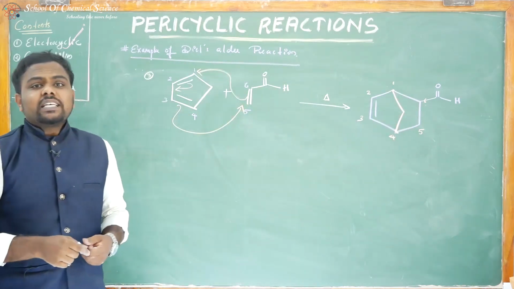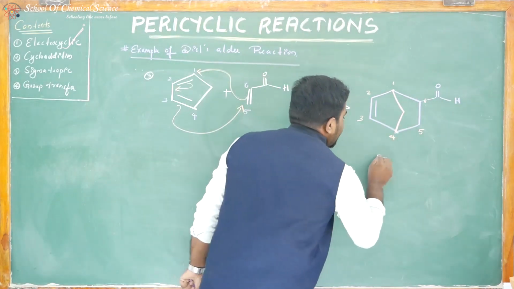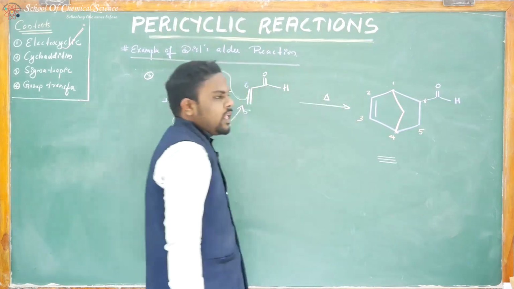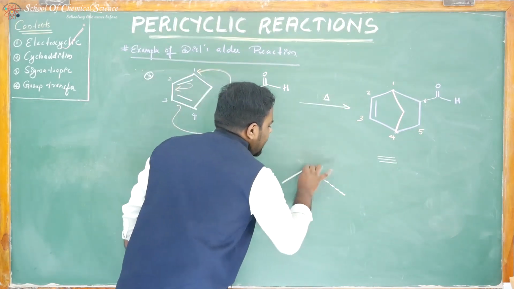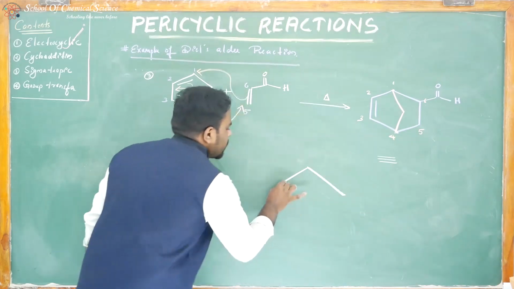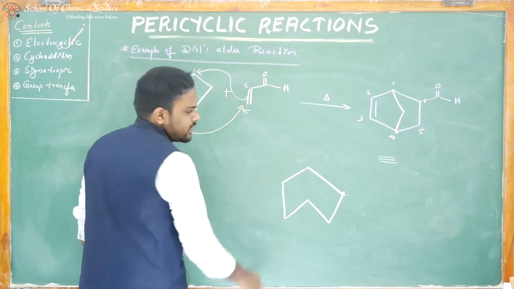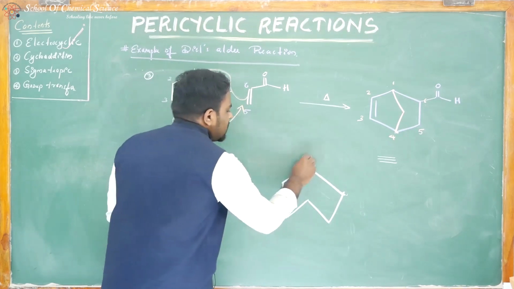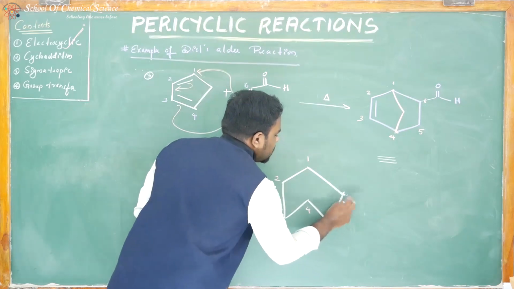But in your CSIR exam question paper, this product is given in another equivalent form. The 6-membered ring is represented like this. Okay, 1, 2, 3, 4, 5, 6. Giving numbers, this is 1, this is 2, this is 3, 4, 5, 6.